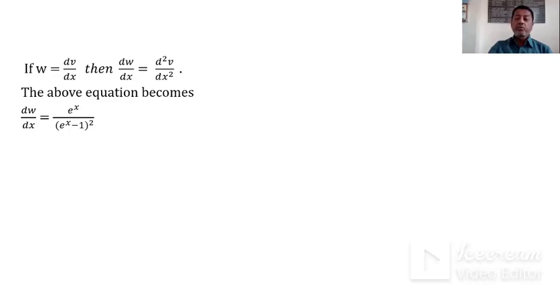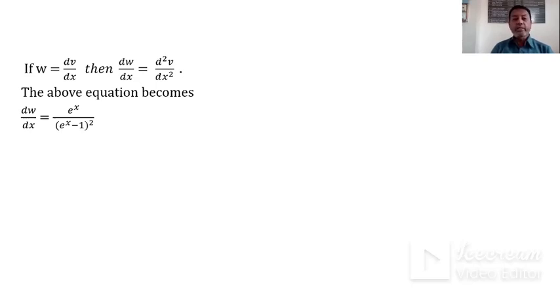Then take this e to the power minus x to the right hand side and rearranging the equations, we obtain dw by dx is equal to e to the power x divided by (e to the power x minus 1) whole square. Now this is the first order first degree differential equation.